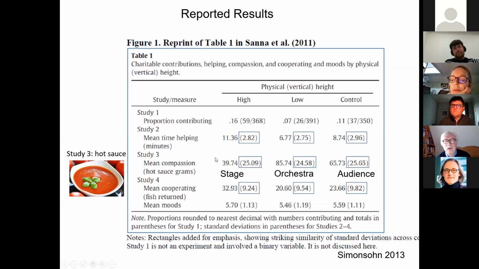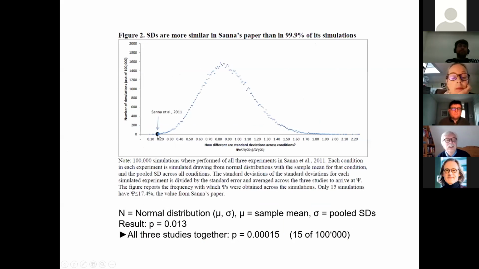We can do this by statistical simulation. And what did he figure out? This is Sanna's data. It's extremely unlikely, and if you put all his experiments together, having such narrow standard deviations has a chance of 15 in 100,000.